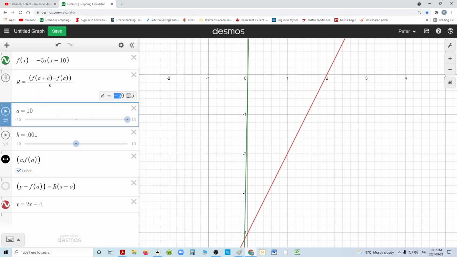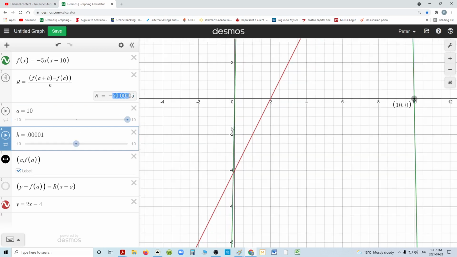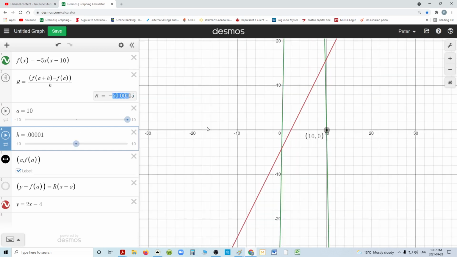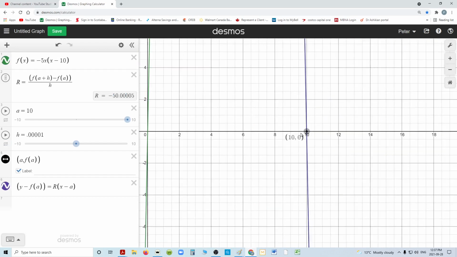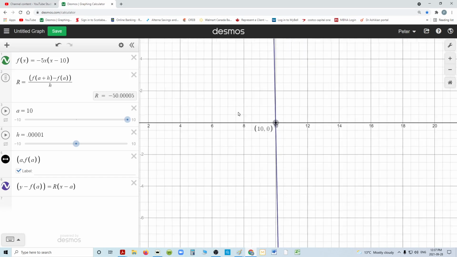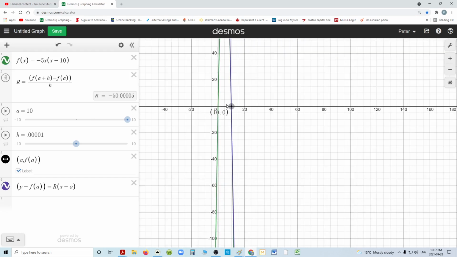And it will show me minus 50 for 0.1. I'm going to make my 0 even bigger. So it's clear that the instantaneous rate of change here is, I'm going to get rid of this drawing here and turn this back on. It's clear that my instantaneous rate of change, the purple line, is my purple tangent line.